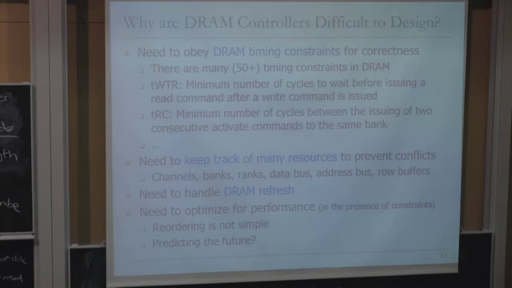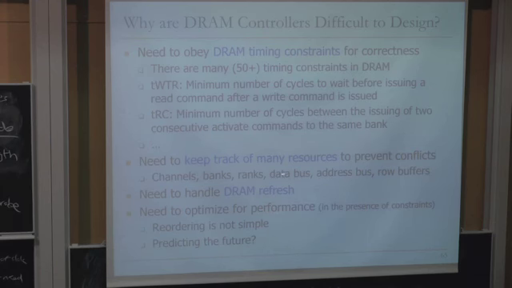You cannot do more than 4 activates at the same time. So your controller needs to take these into account, and obey the protocol to ensure that your data stays intact. Other things, for example, write to read delay: there is a minimum number of cycles to wait before issuing a read command after a write command is issued. So these complicate the design of this controller.